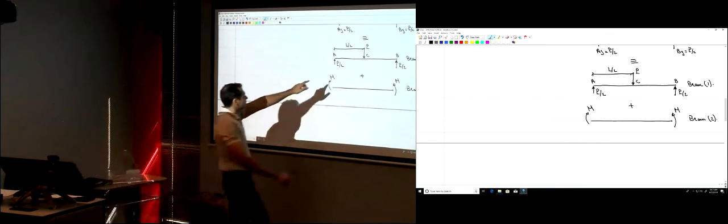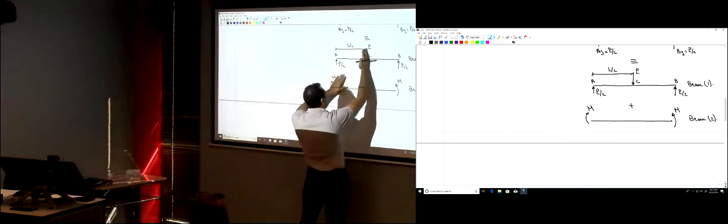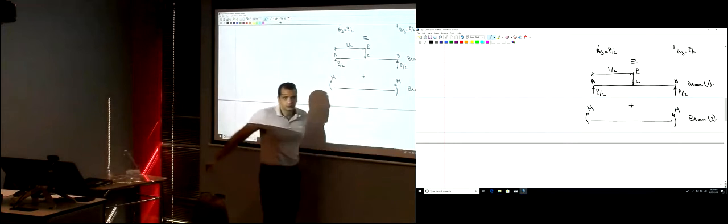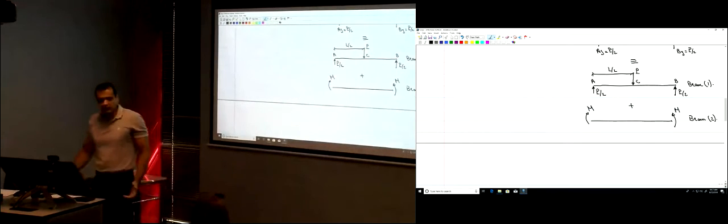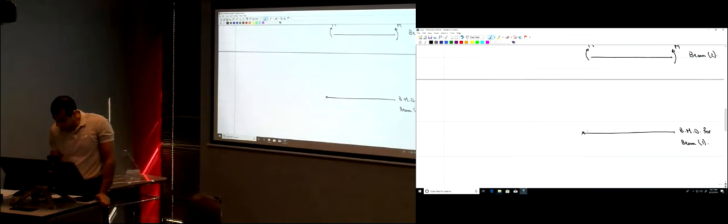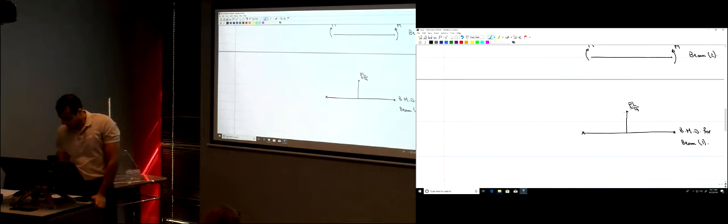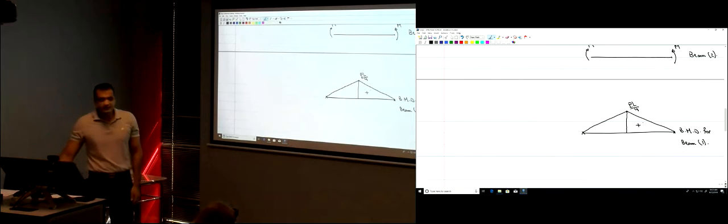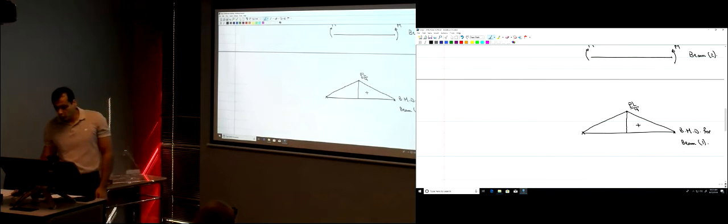This force. You take a section here, and then you study this part. So it's P over 2 times L over 2. So it's PL divided by 4. So the bending moment here is 0, here 0, and right in the middle, it's PL divided by 4. And this is positive. This is the bending moment diagram for beam 1.